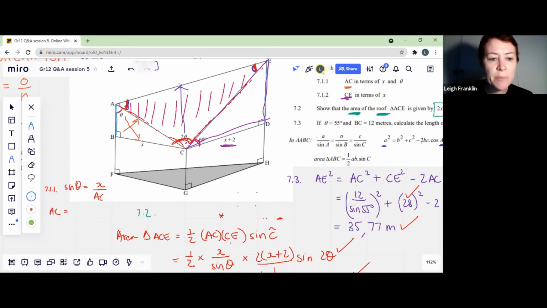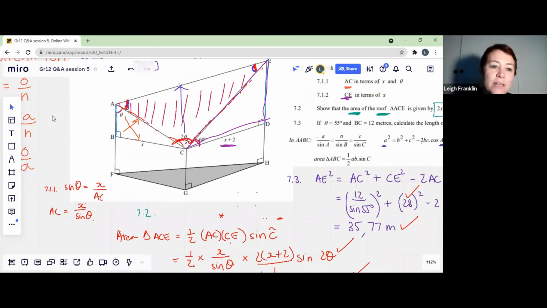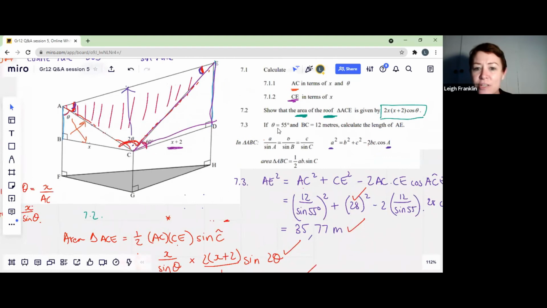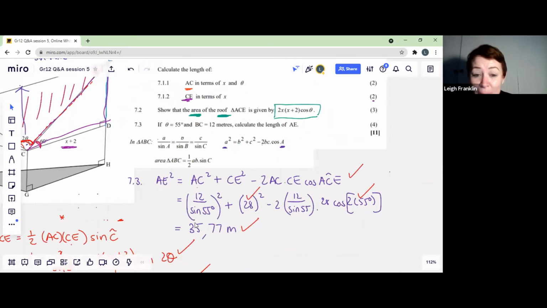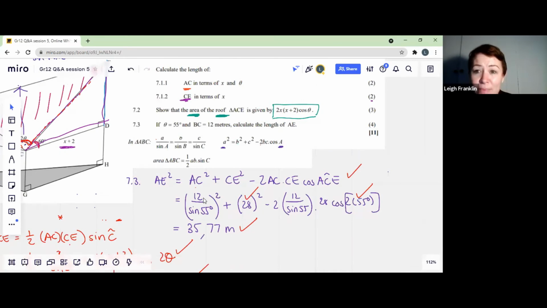So that means it became x over sine theta. Now in this question, they gave us a value for x and a value for theta. So I have subbed those values in because they told me theta is 55 and x was 12. Does that make sense now? Okay, thanks. So that's why I've written AC as 12 over sine 55.